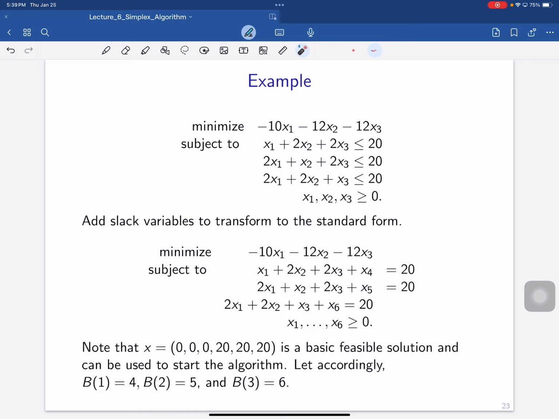We just pick the slack variables to be the basis variables. Just set x4 equals 20, x5 equals 20, x6 equals 20, and all the rest equal to 0. Then we can start with a basic feasible solution. Now we can start the simplex method, okay?